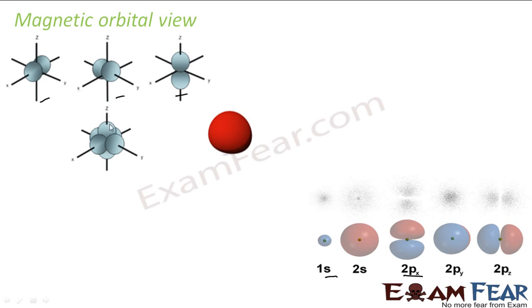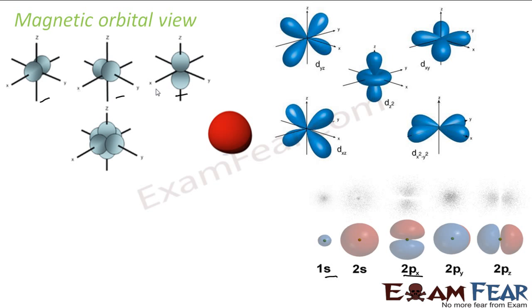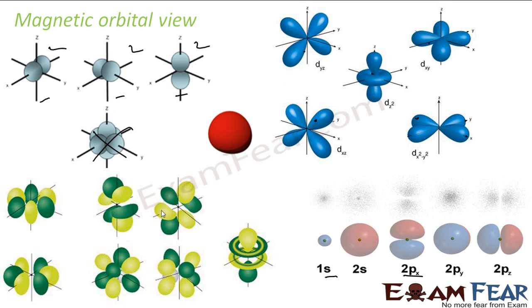This is how p orbitals look. And then we have d orbitals, five types. Please note this is not a type, this is just the combined shape of all. Actually, there are 5 types of d orbitals. The electrons move here and there, and each orbital will have 2 electrons. And then we have the f orbital shape. There are 7 f orbitals, of different types.